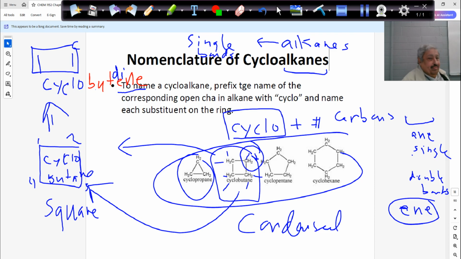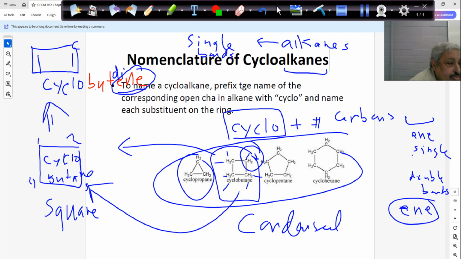So that will be cyclobutadiene. One double bond is butene. If I have two double bonds, it will be diene. I can't have a third one because carbon has only 4 bonds. It can't have 5 attached to it.